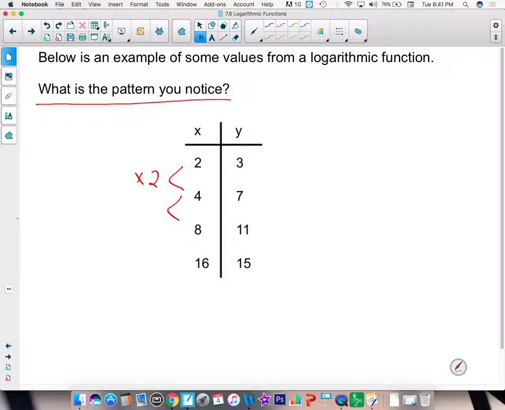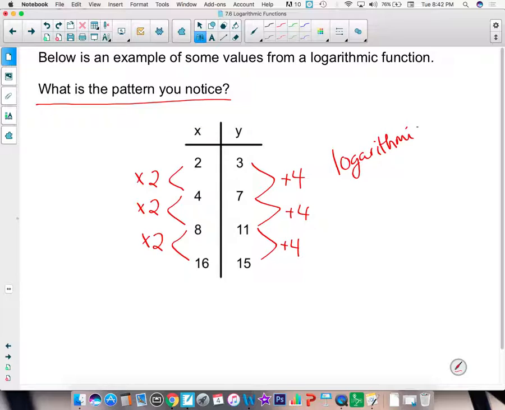Does our pattern follow? Yep, times 2 again. Times 2 again. So that means we're going to be adding on the right. What number are we adding? Adding a 4. Are we adding a 4 on the next one? Yes. And the next one? Yes. So this is indeed a logarithmic function.